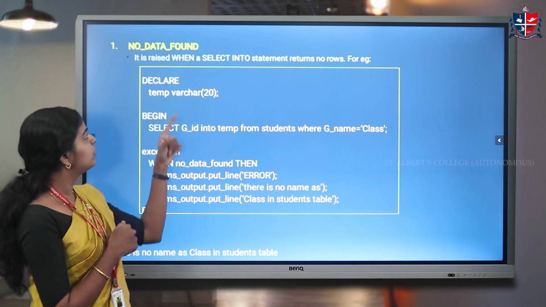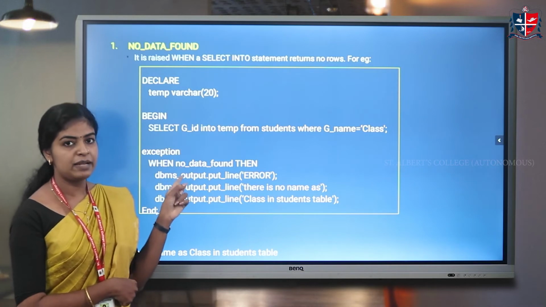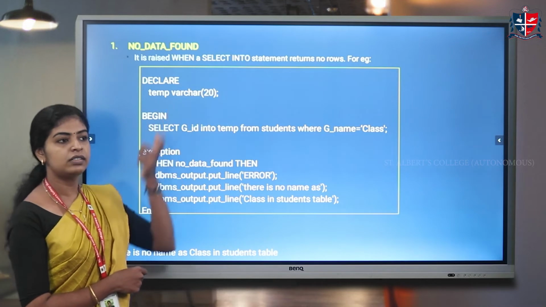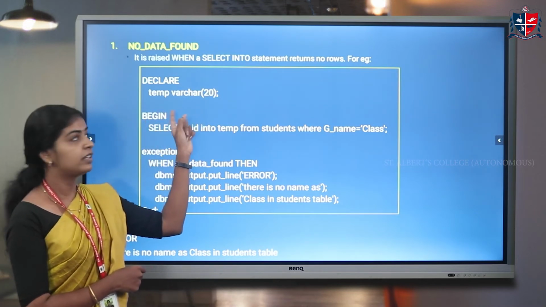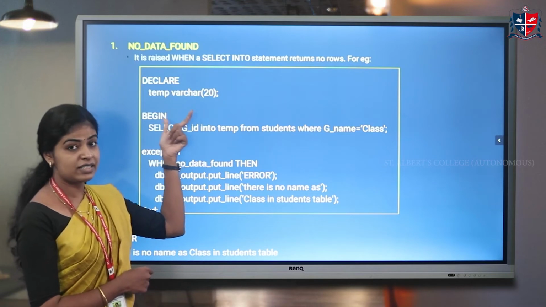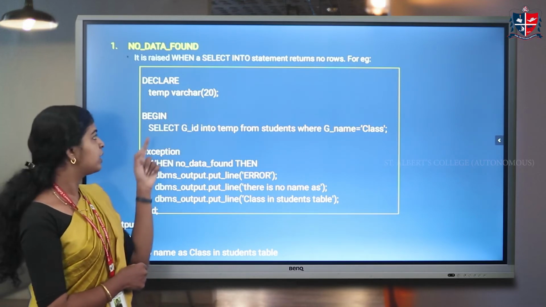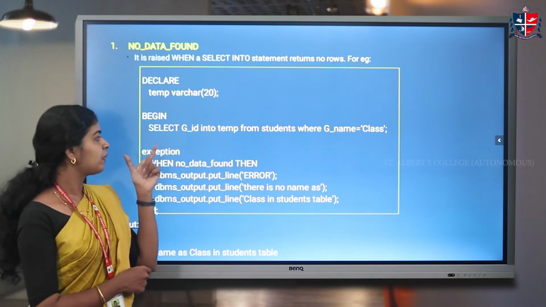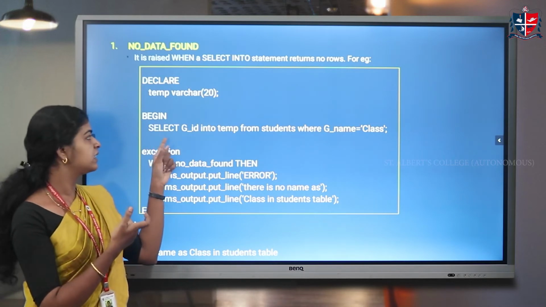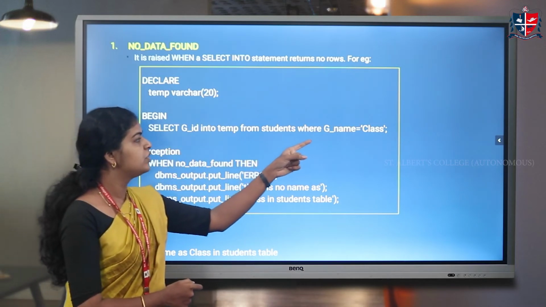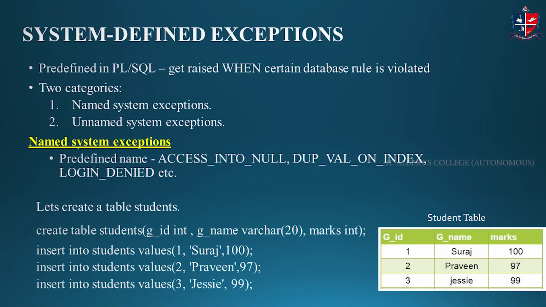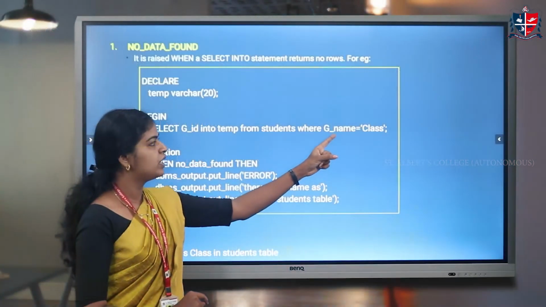You can see an example for the no_data_found exception. In the declare section, I declared a variable called temp and gave it a type. In the begin portion I write a select command: select g_id into temp from students where g_name equal to class. In the previous table you can see the g_names are Suresh, Praveen and Jesse, but I am giving g_name equal to class.